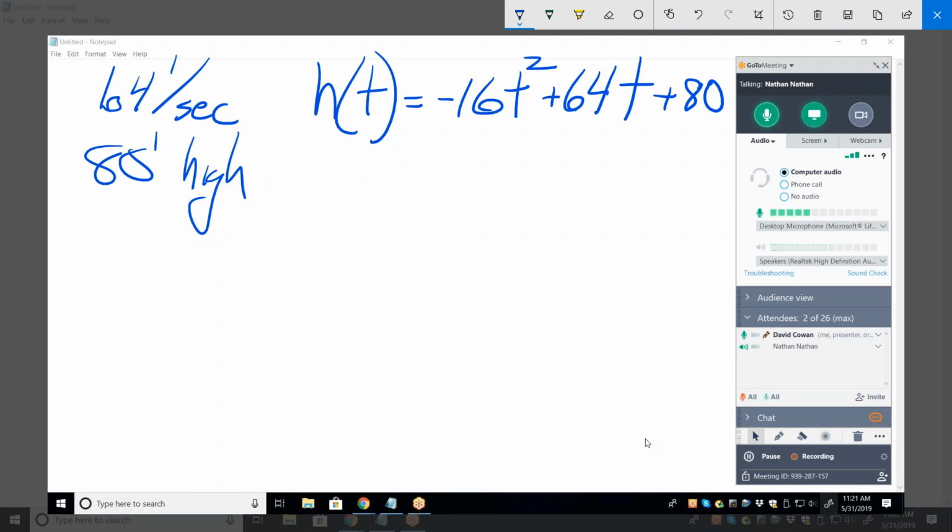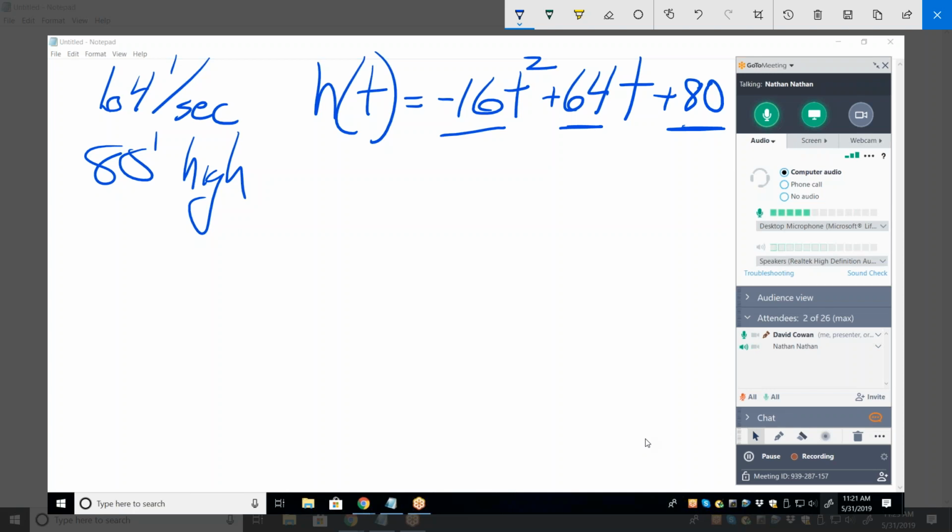Okay, as I was saying, all objects that are thrown through the air follow parabolic motion, and they all have an equation very similar to this. This minus 16 comes from gravity. This 64 comes from the initial velocity, which they give us, 64 feet per second. That's always the coefficient of the t term. And the final constant is the height that it starts at. That's why it's 80.